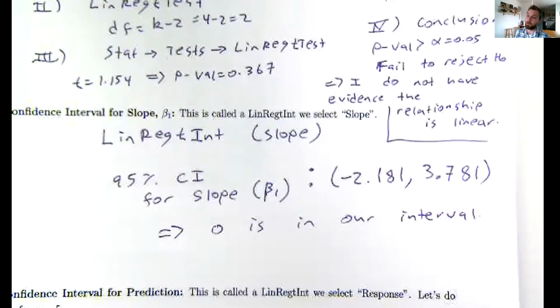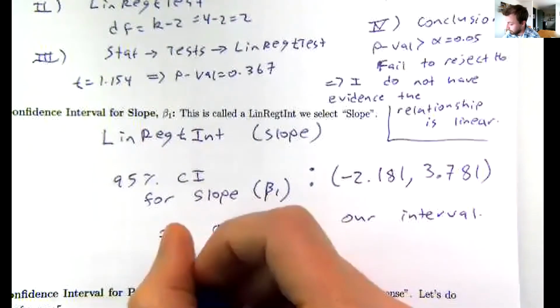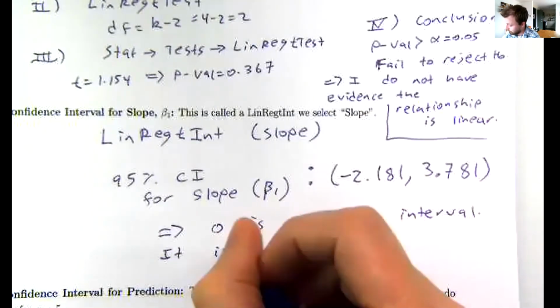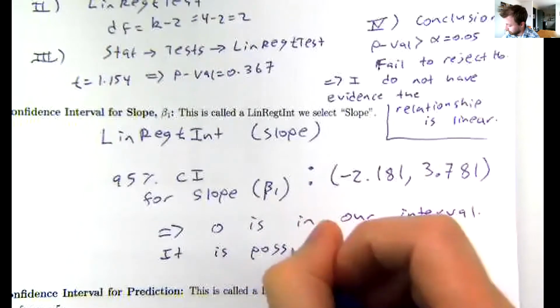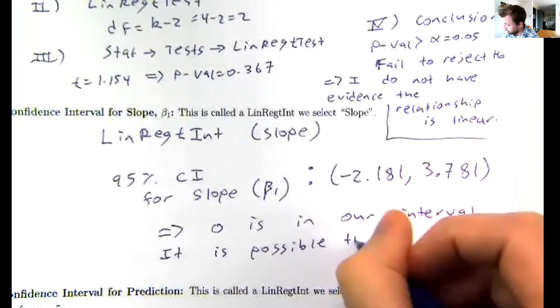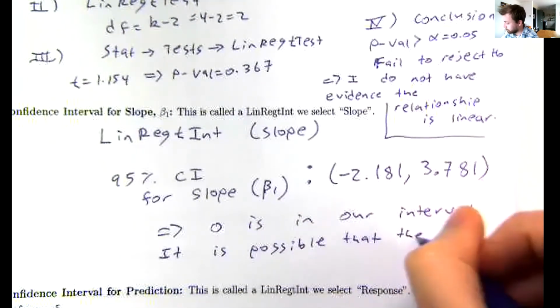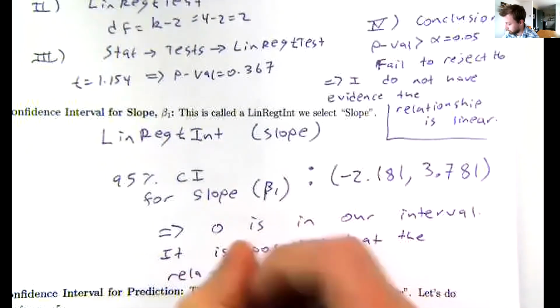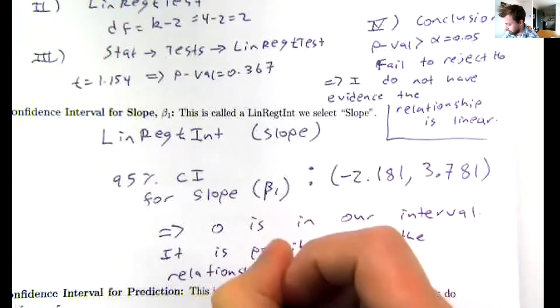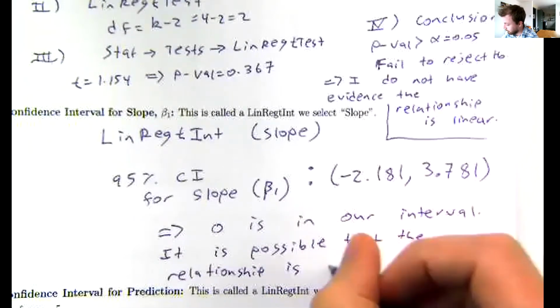When 0 is in our interval for comparing two proportions, when we're comparing two averages, this told us that we could not tell the difference between the two groups. In this case, if 0 is in the interval, it is possible that the relationship is non-linear.